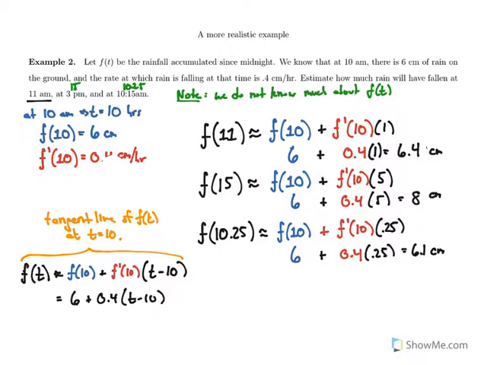So f of 15, this may not be a good approximation. F of 10.25, this is probably a good approximation. And the closer we are to 10, the better approximation we'll have.